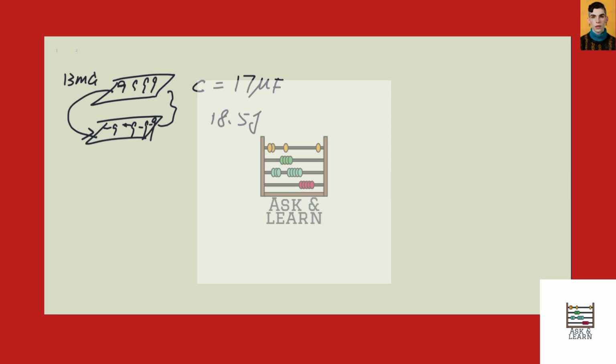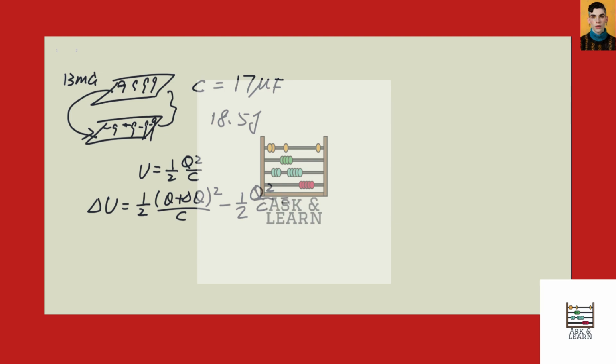So what we are trying to do is look at this formula, U equals 1/2 Q squared over C. We're calculating the difference: we have (Q plus delta Q) squared over C, which happens with the charge difference, minus the energy stored without the difference.